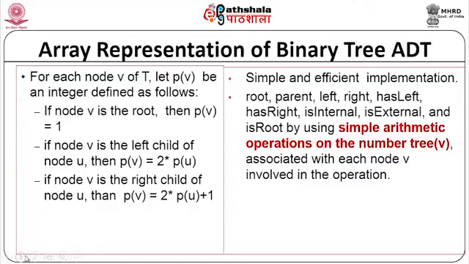If U is occupying 3, the left child of U will occupy 6, and the right child will occupy one position after that. So, if U is 2, the right child of U will occupy 5, if U is 3, the right child will occupy 7. So, that is 2 into 3 plus 1. So, simple and efficient implementation.